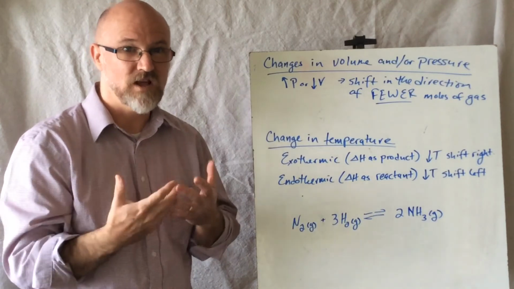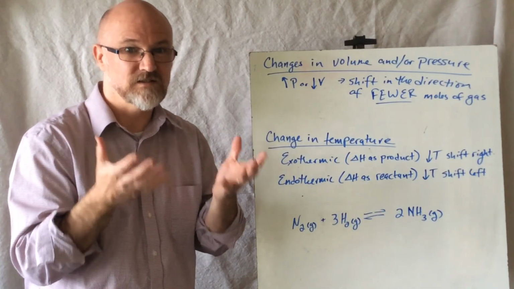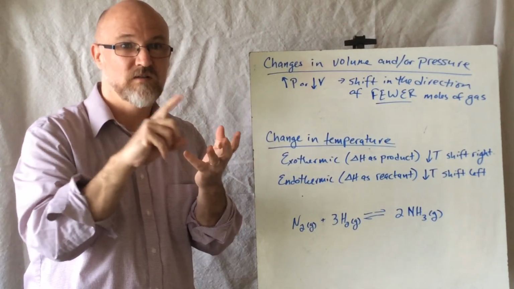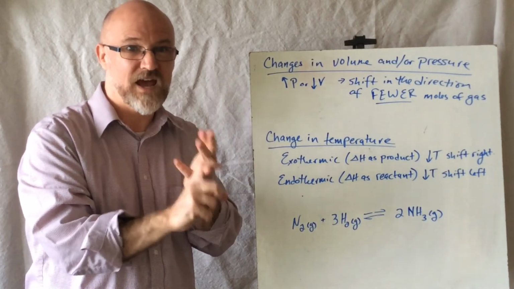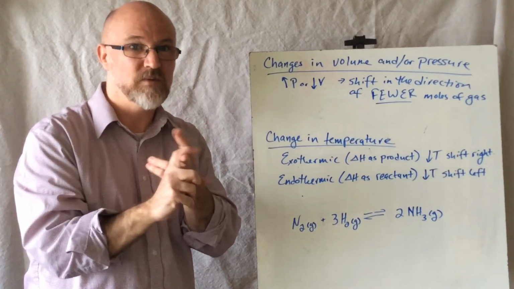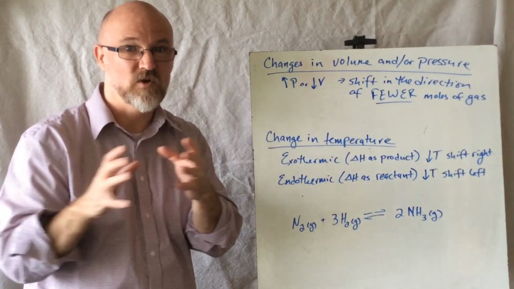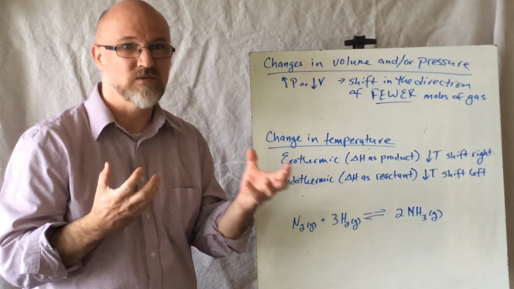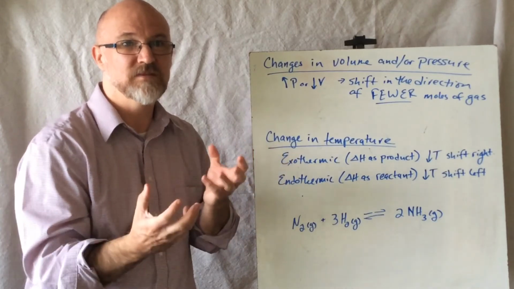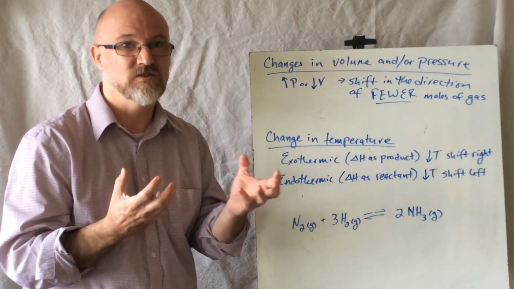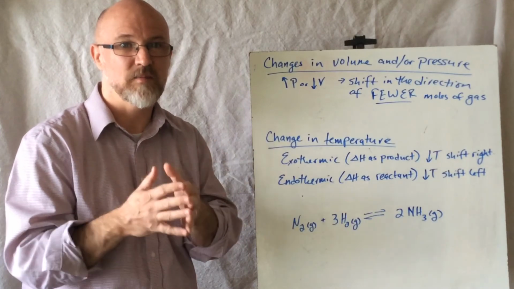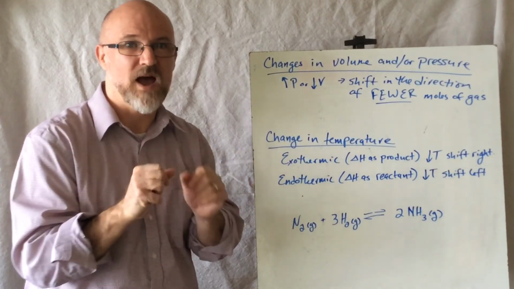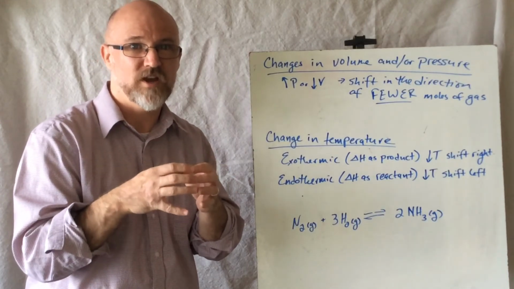So, Le Chatelier's principle basically says a system in equilibrium, if I change something, concentration, volume or pressure if it's a gas, temperature, it's going to shift to get back to equilibrium. So the amounts that were at equilibrium may become different because I've changed something, but always to try and get back. It's sort of the rubber band principle. You can stretch it, but it always wants to go back to where it was, its original shape.